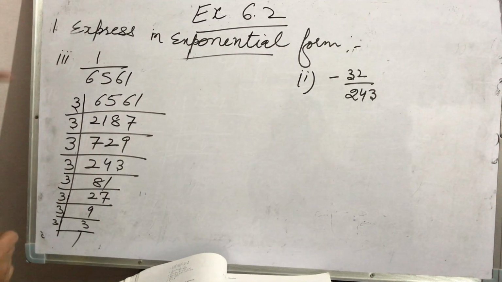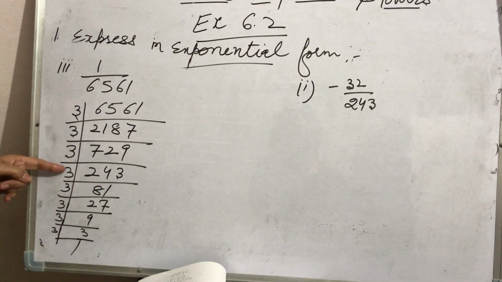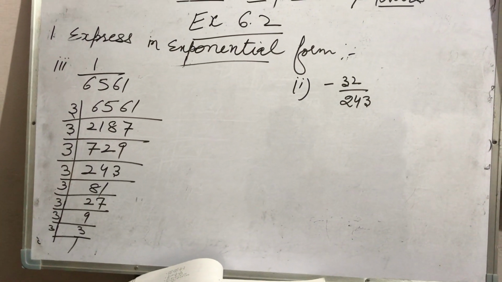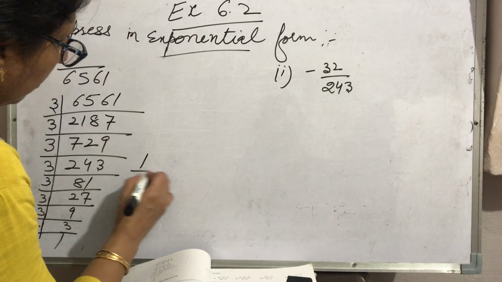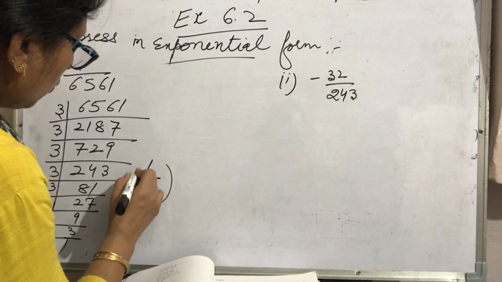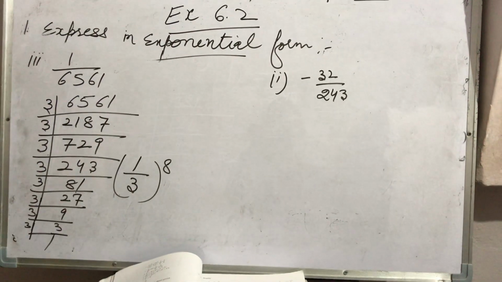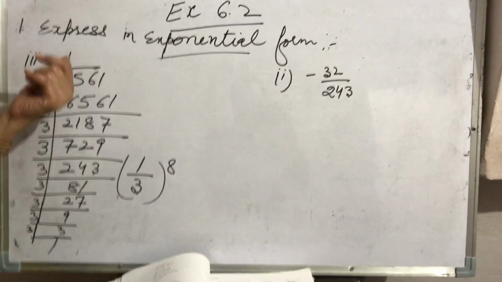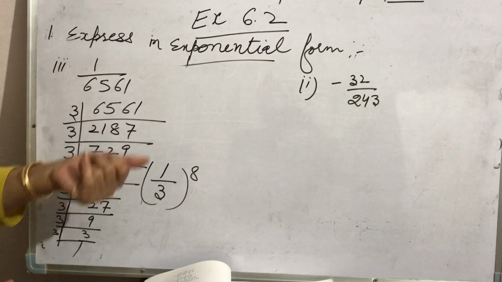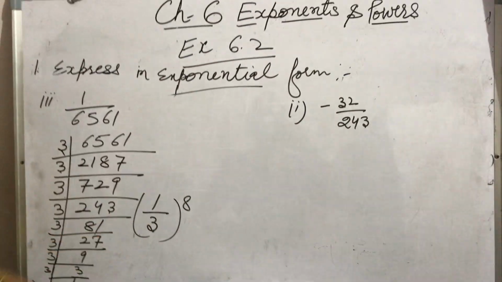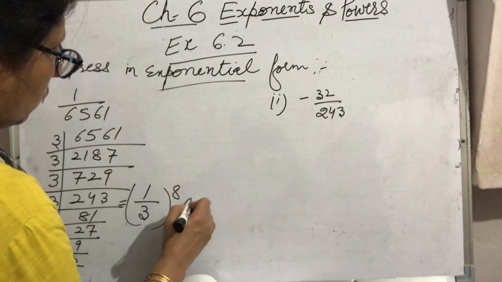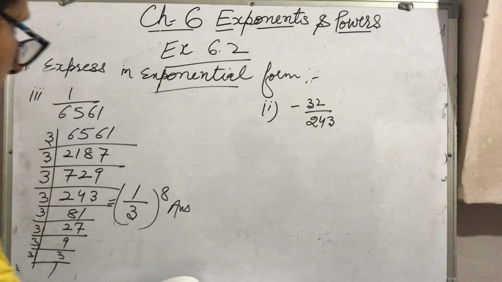So how many 3s are there? 1, 2, 3, 4, 5, 6, 7, 8. So 1 upon 3 raised to power 8. We can write the whole power, because if we multiply 1 eight times, it will still be 1. So 1 by 3, raised to power 8, this is the answer.